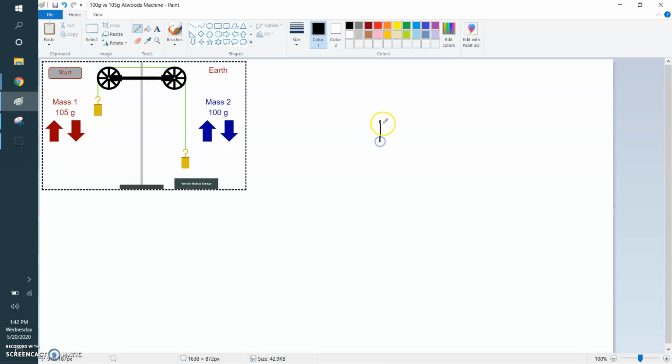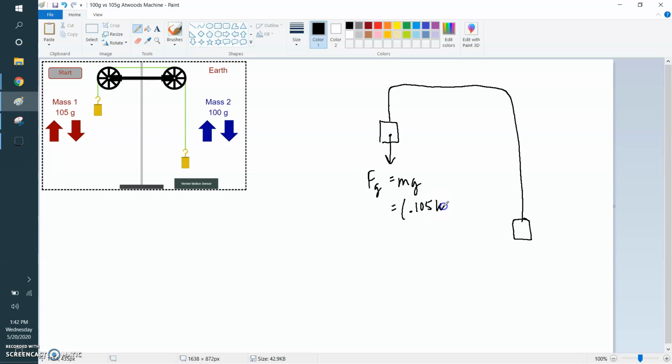And again, the only external forces that are causing the system to accelerate are the gravitational forces. So we have Fg equal to mg. So we have 0.105 kilograms times 9.8 meters per second squared for mass 1.